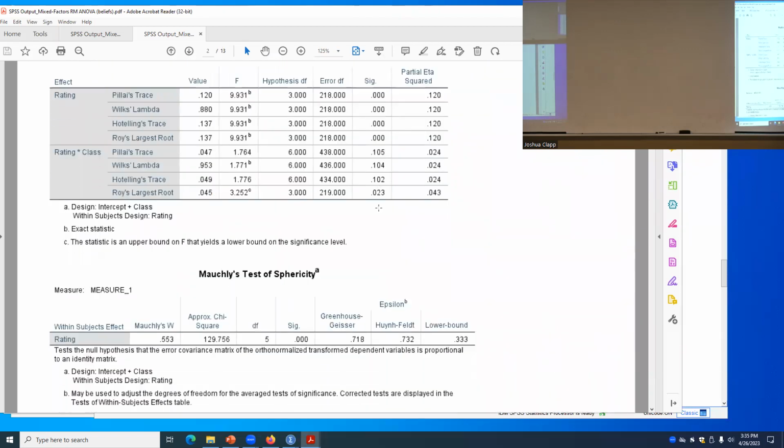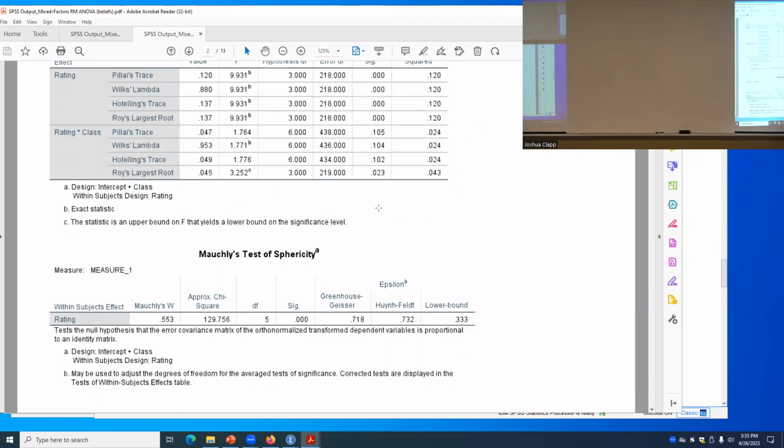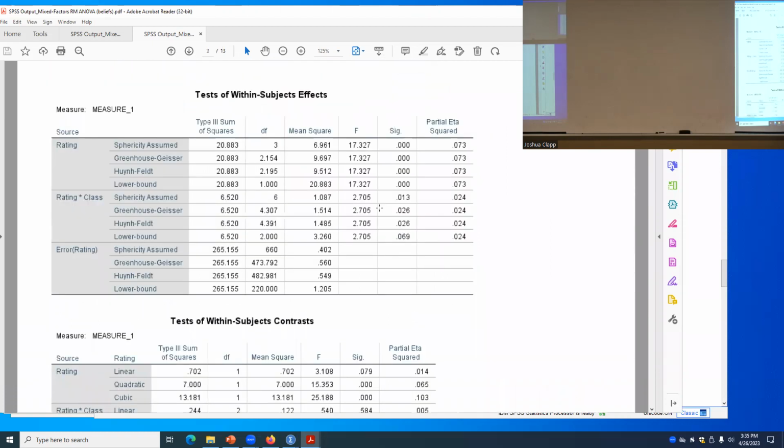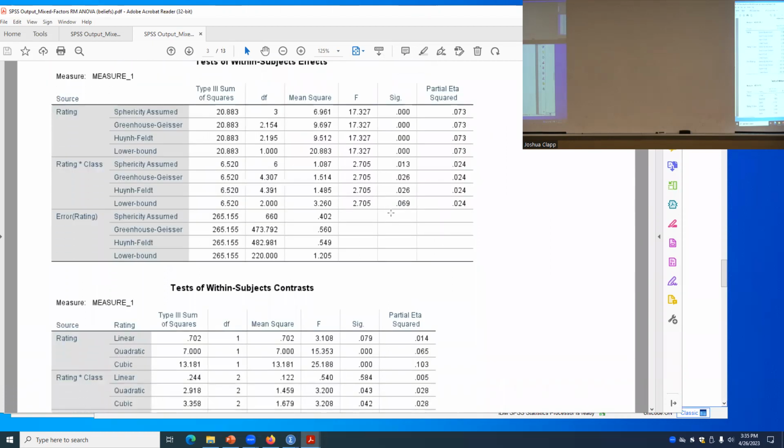Okay. All right, and so remember, as we went down through and looked at these, on our omnibus test, we found an effect of rating. Daniela, what does this tell me, that I have an effect of rating here? Is this rating how willing they are to be their friend?